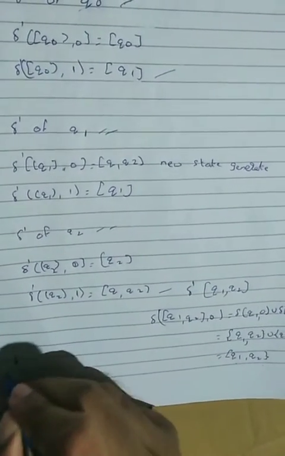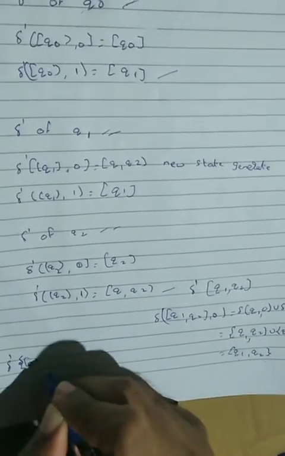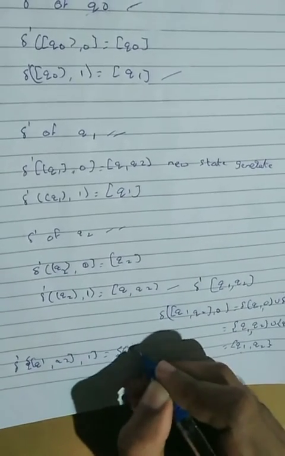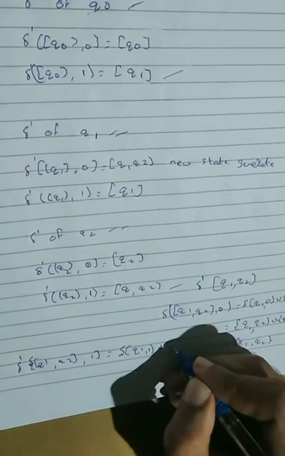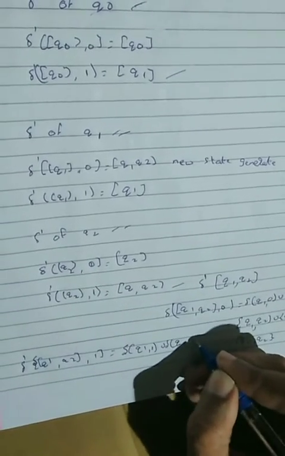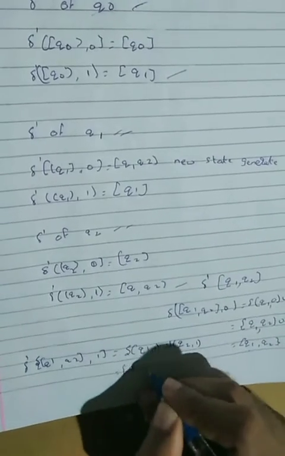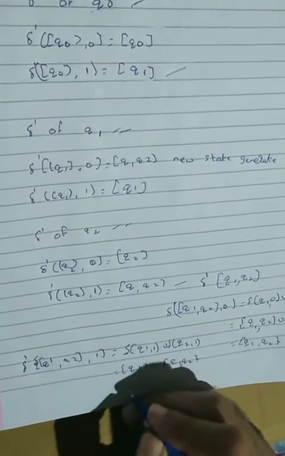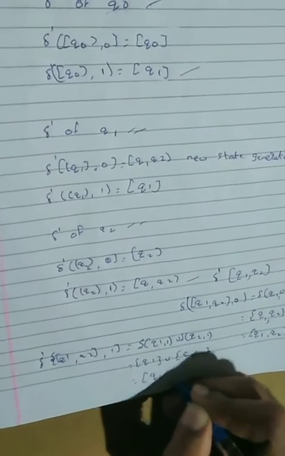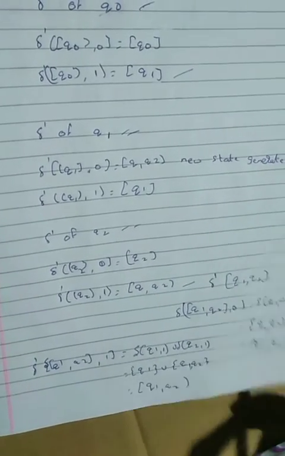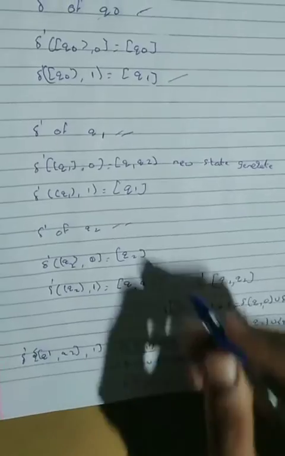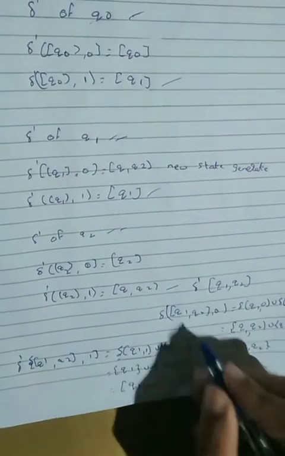For 1 as the input, because of delta of Q1 comma 1 we get Q1, and Q2 comma 1 gives Q1, Q2.